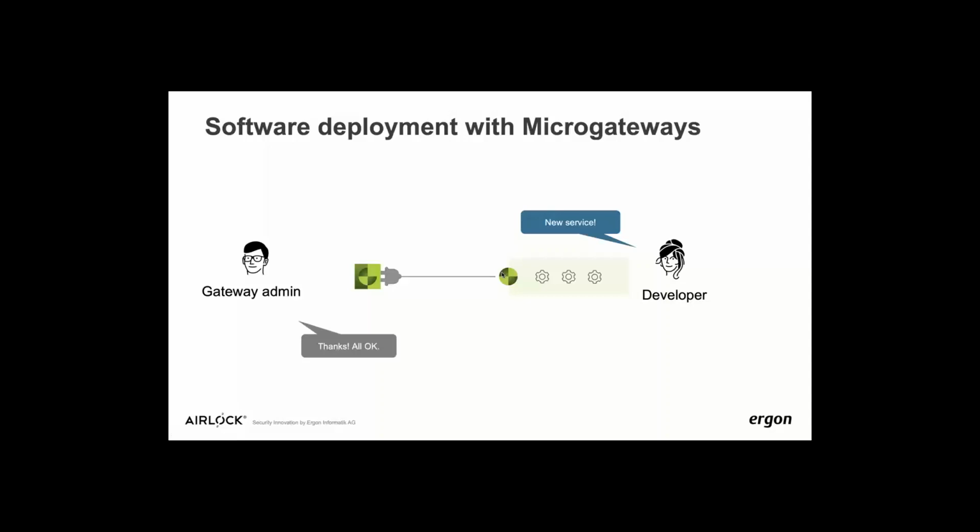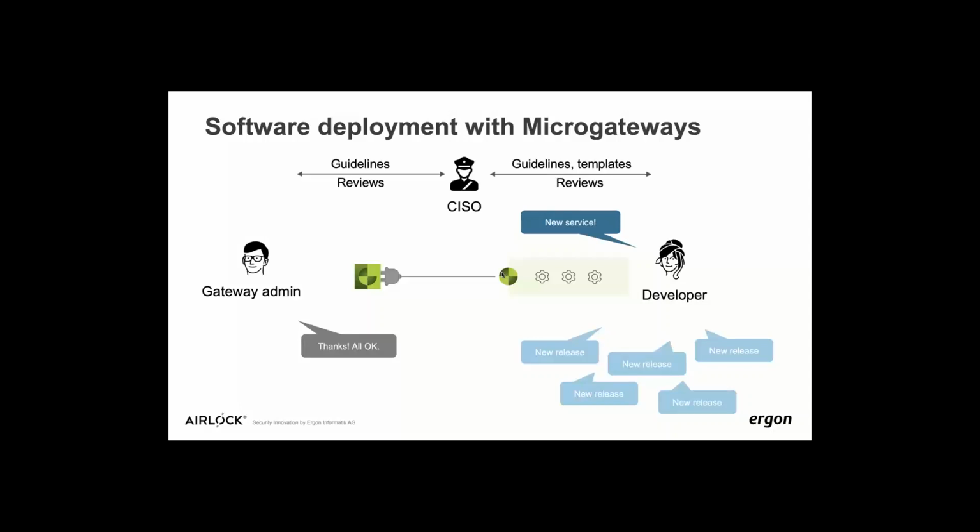It just needs to add a route through the gateway, and typically there's some APIs, so you could probably have an automated way of registering the service on the gateway, and if everything went okay, then that's all there's to do. And the developer can easily publish new releases without the gateway administrator having to be involved.